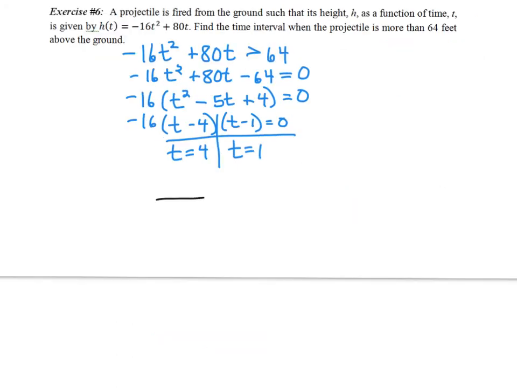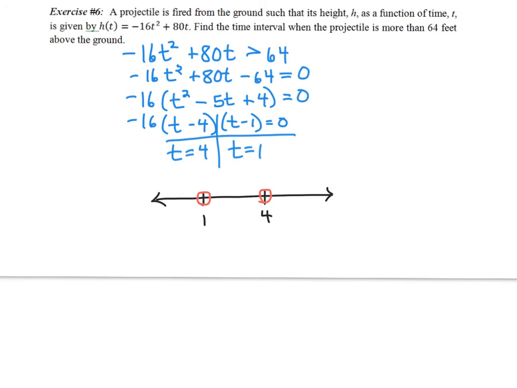Let's make our number line and do some test points. So we've got a 1, we've got a 4. We see that we just had a greater than sign, so I'm going to put open circles at 1 and at 4, and I'm going to test points. Remember that t stands for time, so that means that I don't want to go anything in the negatives for my time.